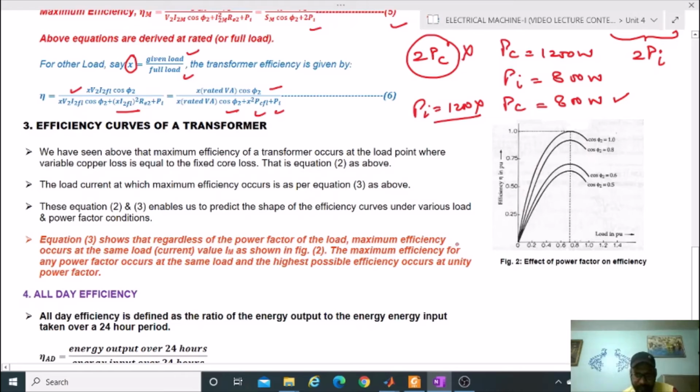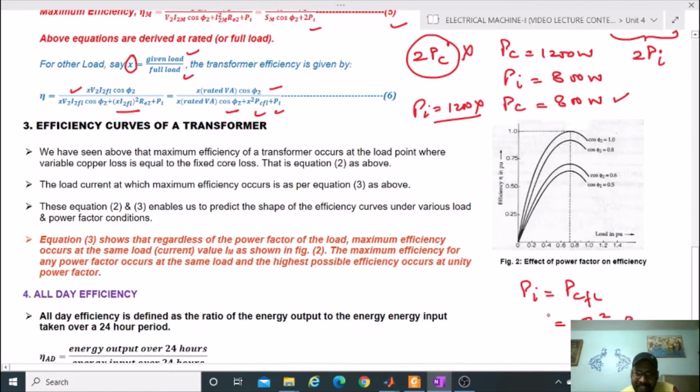If we see the condition for maximum efficiency, the condition is Pi, iron losses, equal to copper losses at full load, or we can say that it is equal to I2M square into Re2.